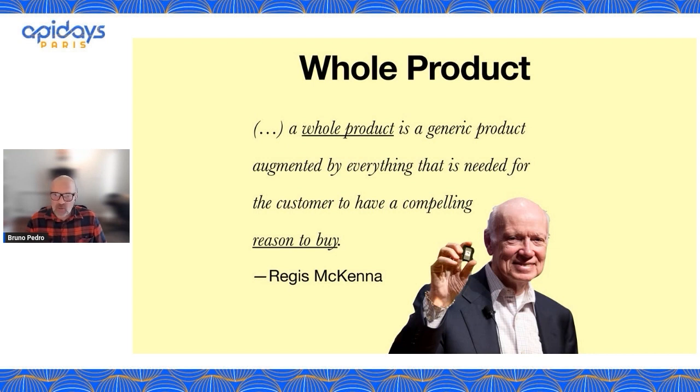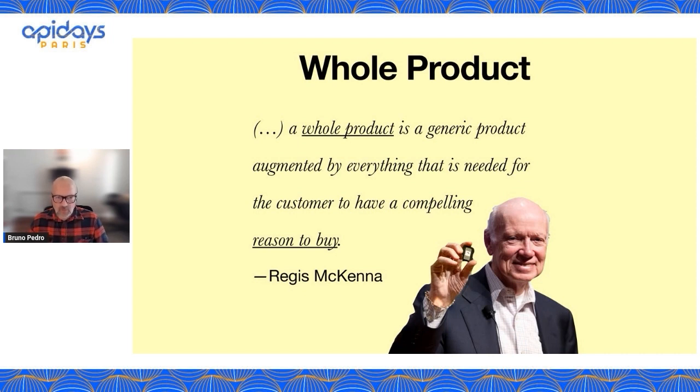So in this example of computer, you would not want to buy a computer if it didn't come with the peripherals like the keyboard, the mouse, let's say the camera, and also the applications that you want to use, and even the connectivity, or even being able to access the internet. So to you, the computer is not just the hardware, the machine, but it's everything that surrounds it and that makes it a whole product, and that gives you a reason to buy the computer, right?